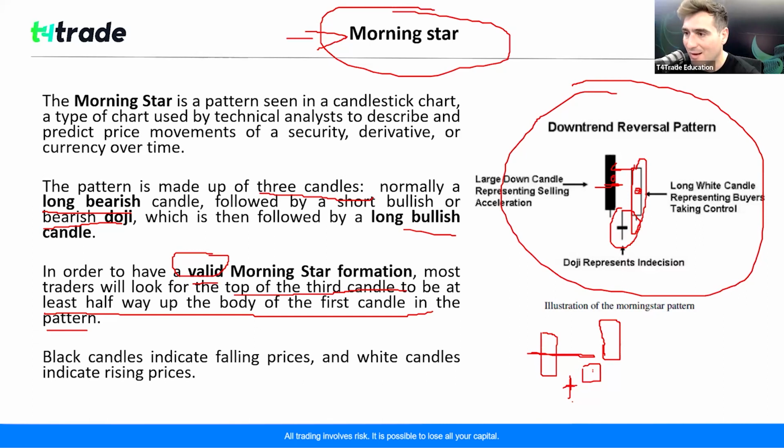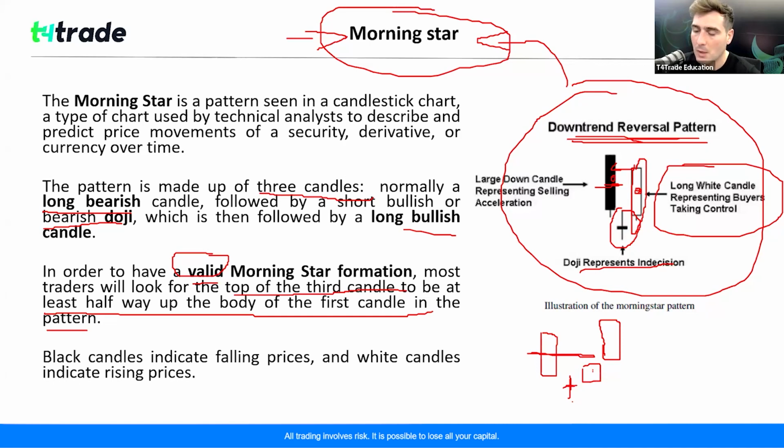You have a large down candle representing selling acceleration, a doji representing indecision, the primary nature of dojis, and then a long white candle representing buyers taking control. This is the complete reversal formation, the downward reversal pattern which we call the morning star.